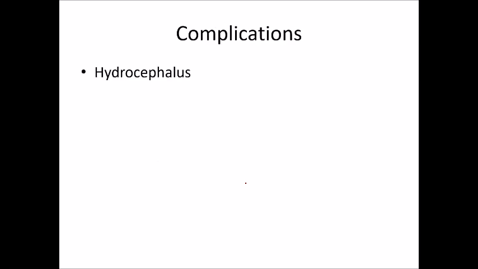Complications of meningitis. Now, the inflammatory response mounting against the microorganism might cause fibrosis at the CSF passages, and so this can cause hydrocephalus, but it usually appears after 2 weeks.